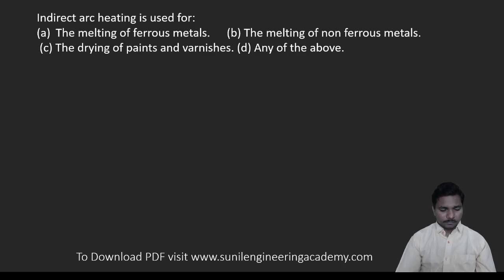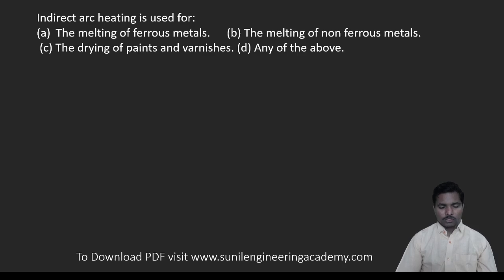Indirect arc heating. Here, indirect arc heating is used for dash. The options are the melting of ferrous metals, the melting of non-ferrous metals, the drying of paints and varnishes, or any of the above.